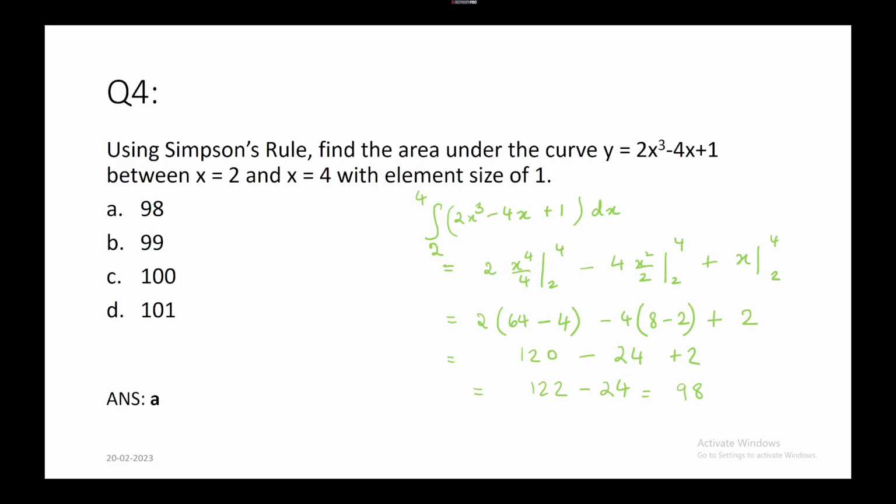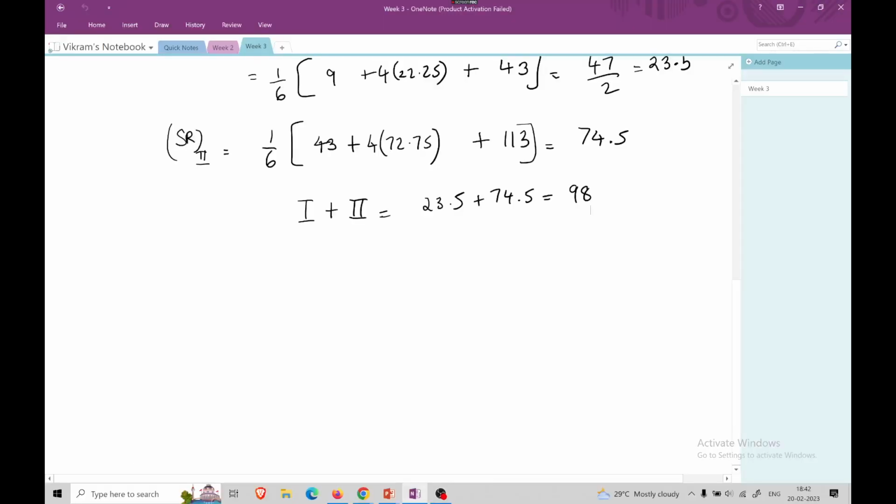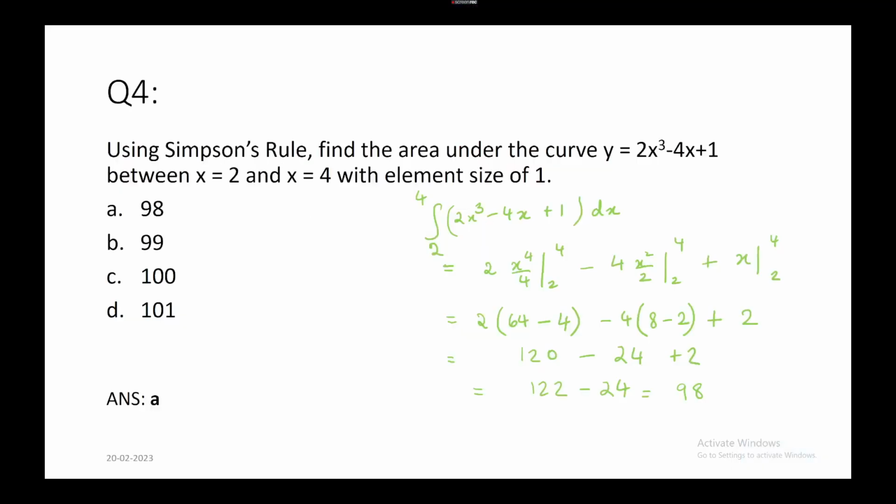Okay, I hope there is no doubt in this question. So shall we proceed to the next one? So we saw here the answer we got, 98, was from Simpson's rule.